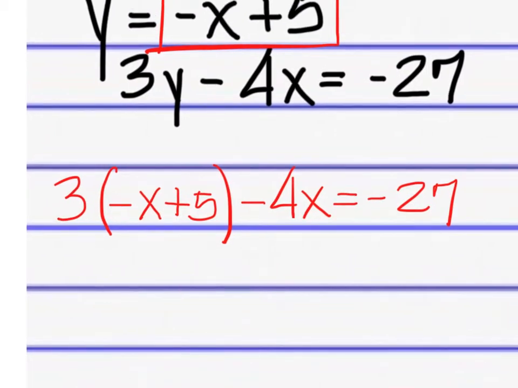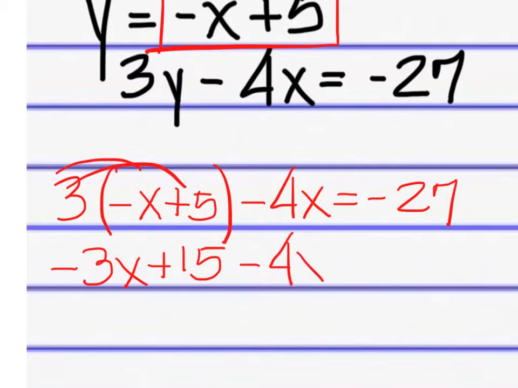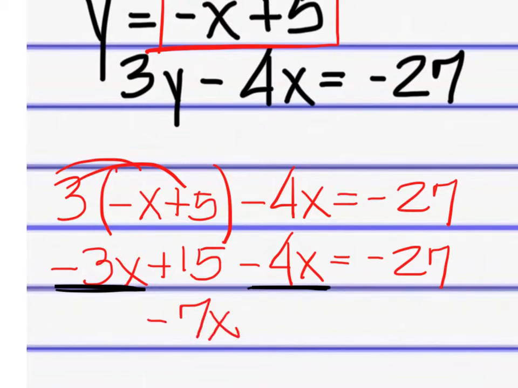Distribute the 3. 3 times a negative x is negative 3x. 3 times 5 is 15. Minus 4x equals negative 27. Add like terms. You have a negative 3x minus 4x. That is a negative 7x. Your plus 15 stays along.